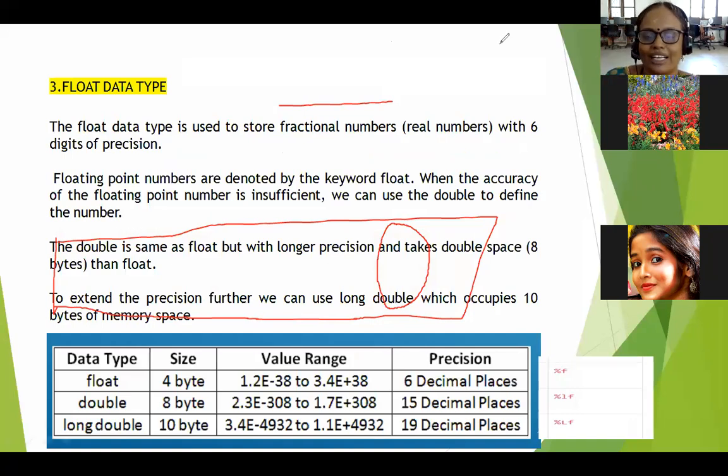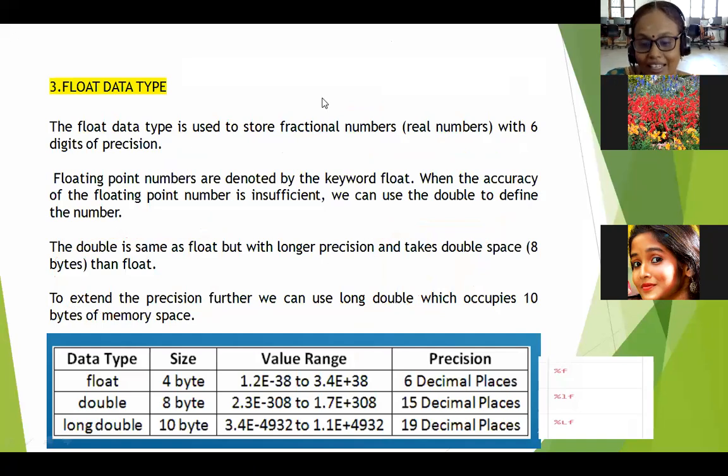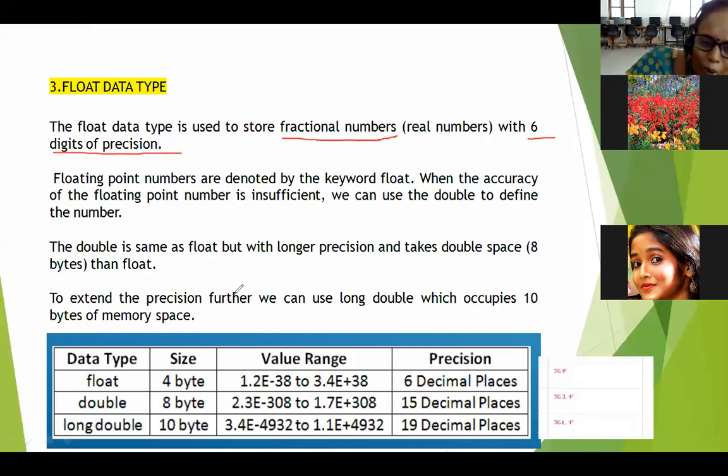Okay. The next one is float data type. Another important one. Float data type is mainly for fractional numbers, and it has digits of precision available. Float means 6 decimal places it will hold after the decimal. Double, 15 decimal places.